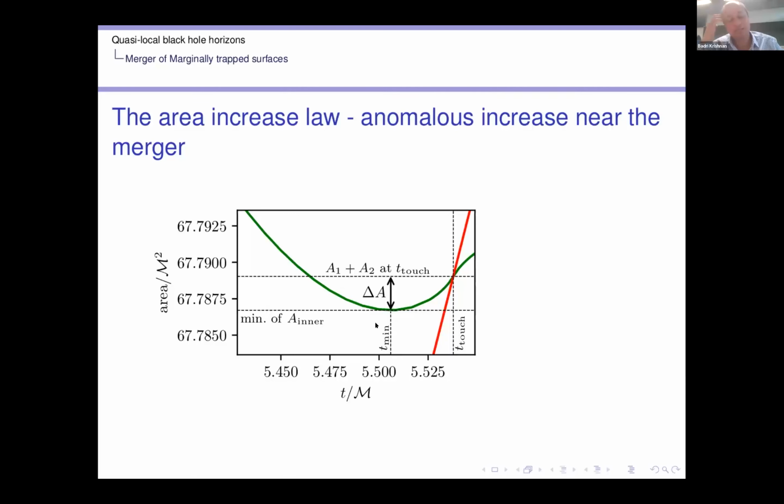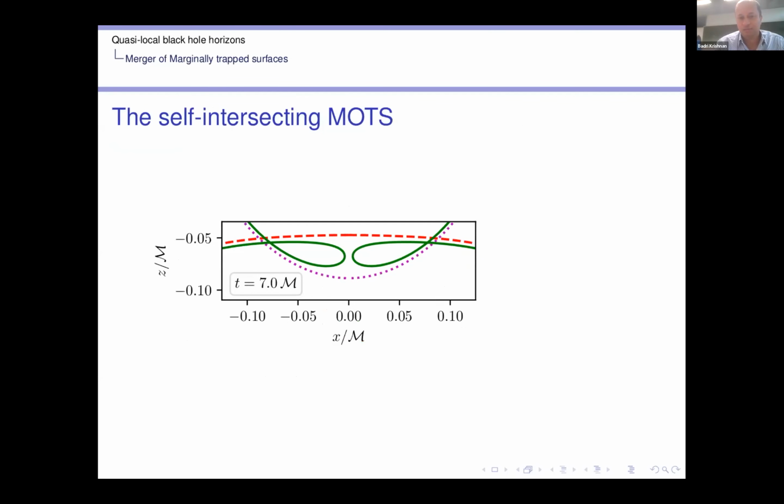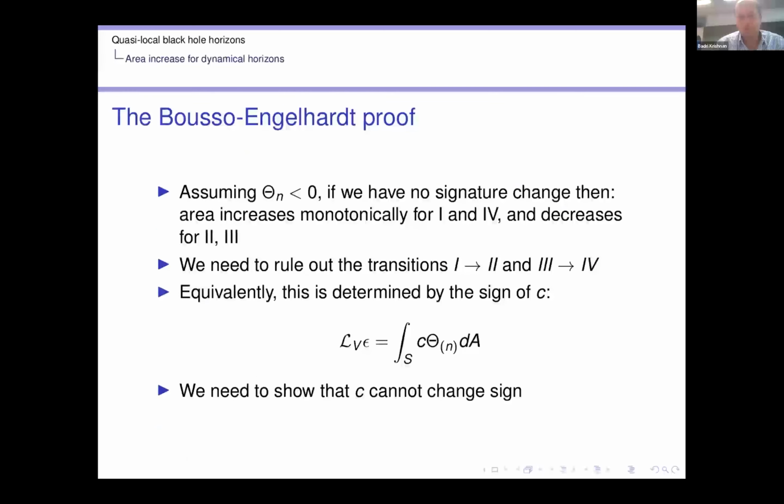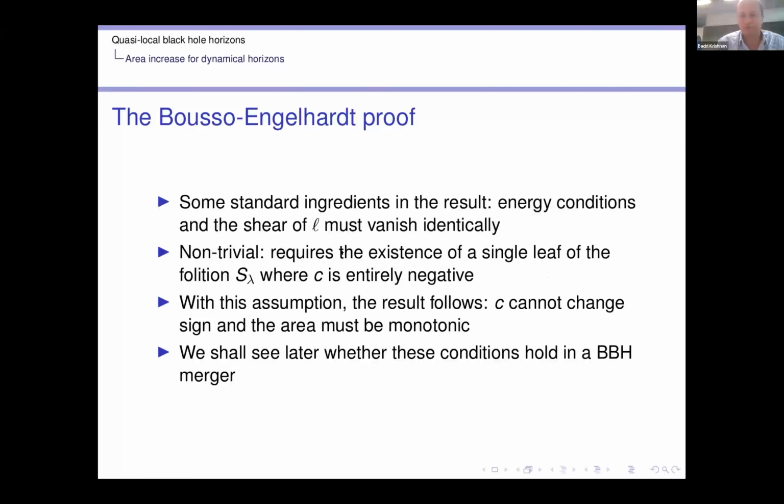I was trying to say that the reason the Bousseau-Engelhardt proof doesn't apply here is that in their proof, they require this condition. Let me go back to there. They required the existence of a single leaf of the foliation of the Dynamical Horizon where this function C was entirely negative.